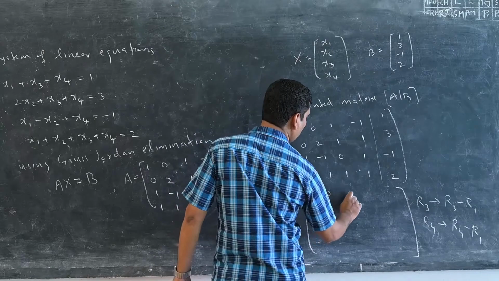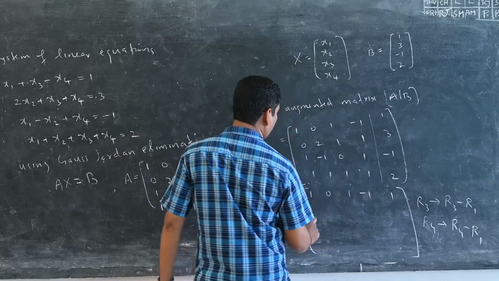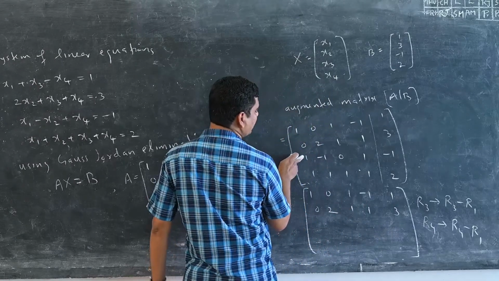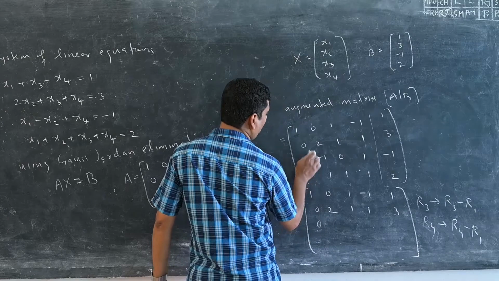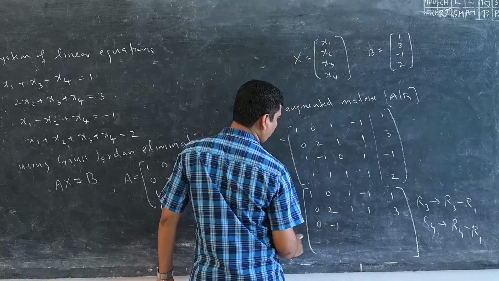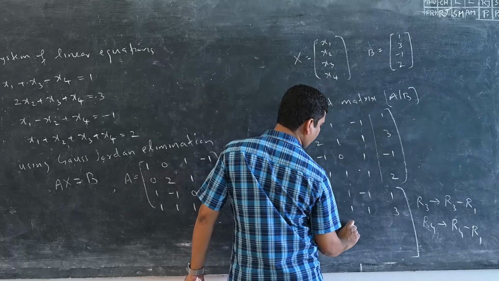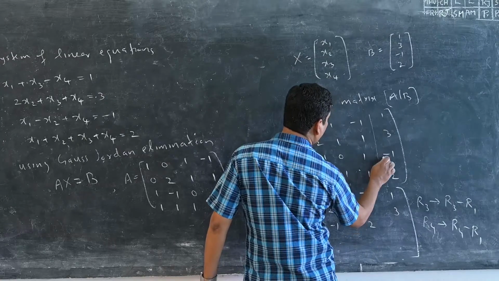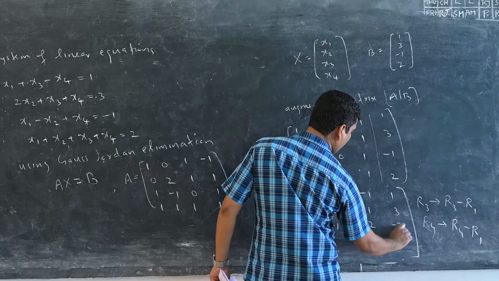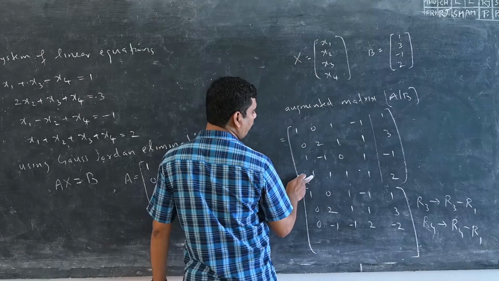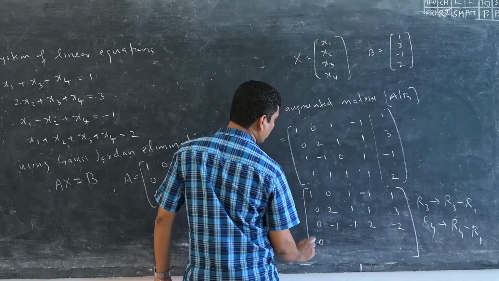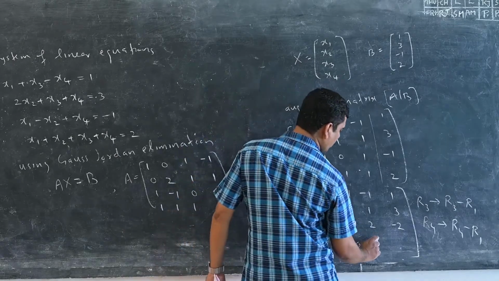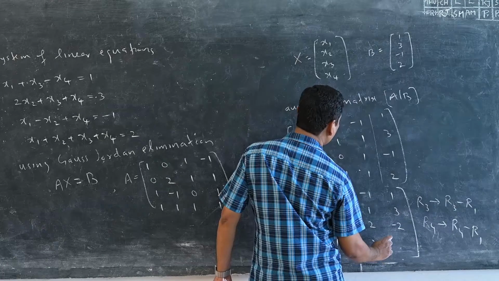R3 minus R1 gives 0, minus 1, 0, 2, minus 2. R4 minus R1 gives 0, 1, 1, 2, minus 1 after subtracting. The matrix is now 1 0 1 minus 1 1, 0 2 1 1 3.